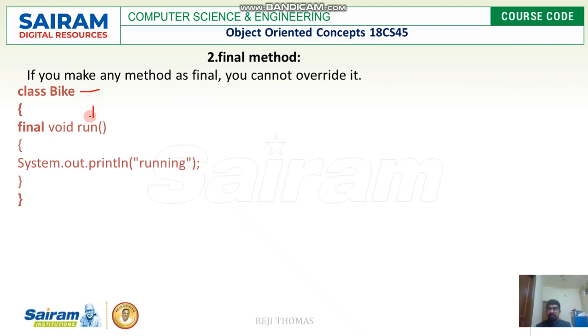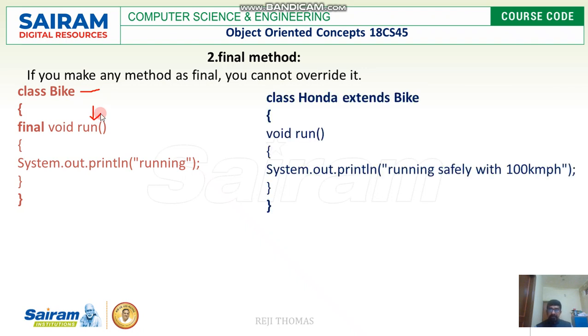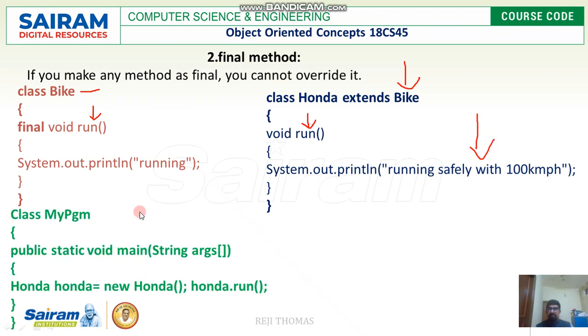It has got a single method called run, and we have another class called Honda, which is going to extend bike. It's not an abstract class, this is a normal class. And look at this, even the subclass has got the run method, where I'm going to print running safely with 100 km per hour. There's a message.